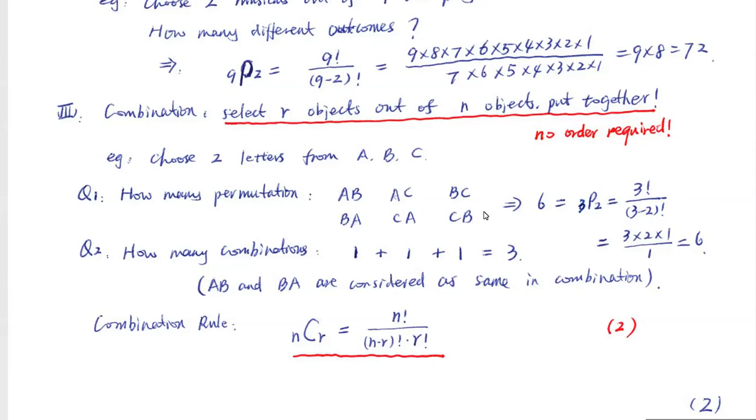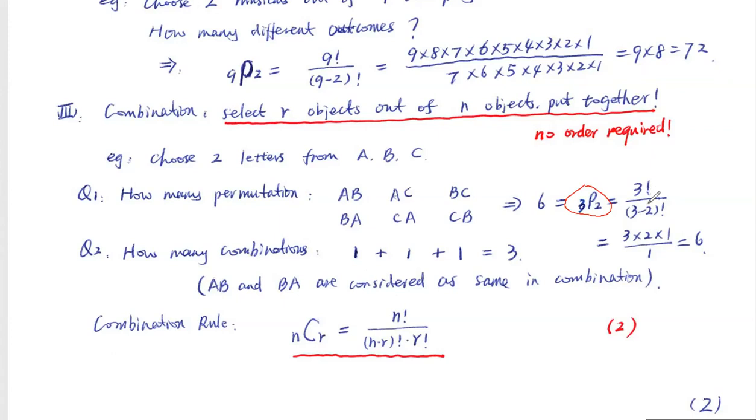Now, if you want to verify that it's really 6 outputs, we can plug into the permutation formula, choosing 2 out of 3. Remember the formula, P for permutation, choosing 2 out of 3. The formula gives us in the numerator 3 factorial divided by (3 minus 2) factorial.